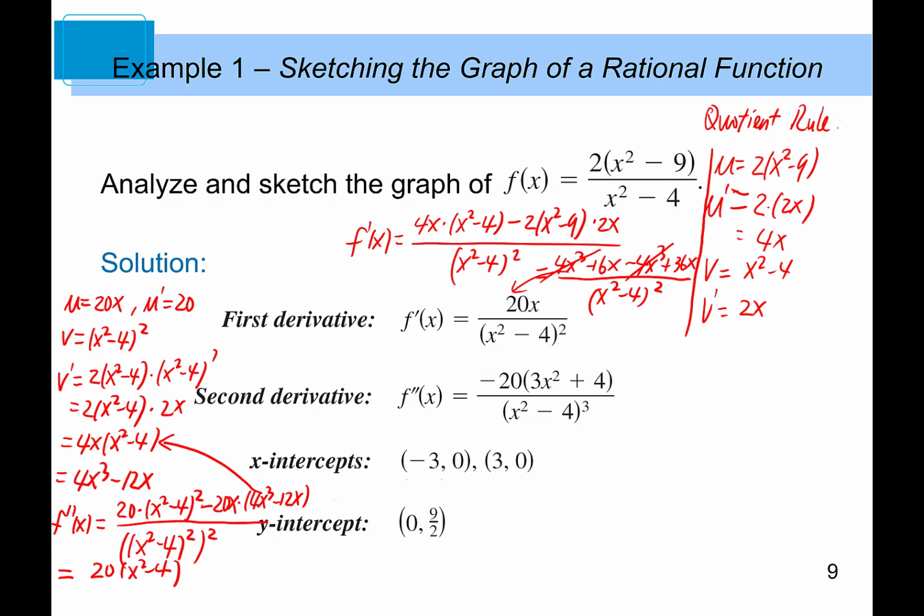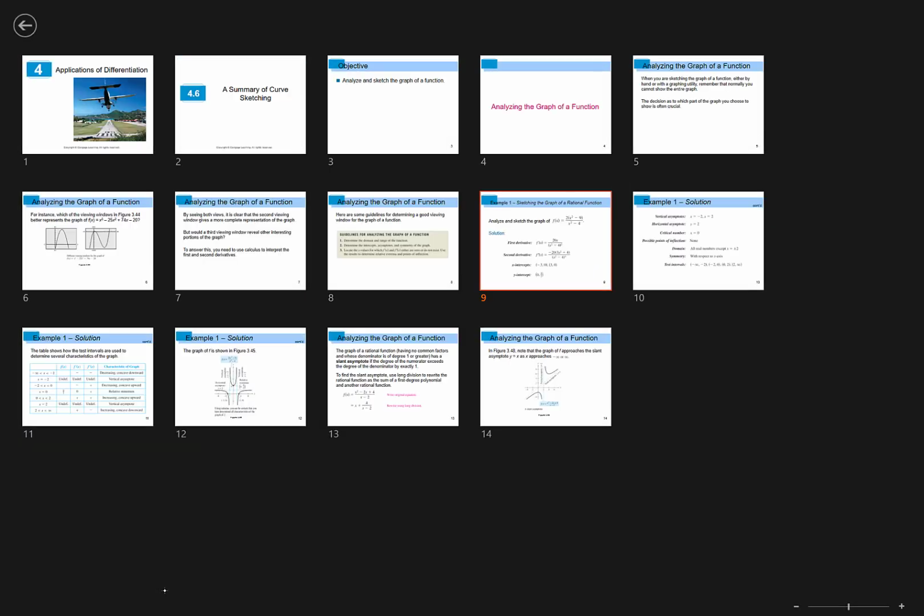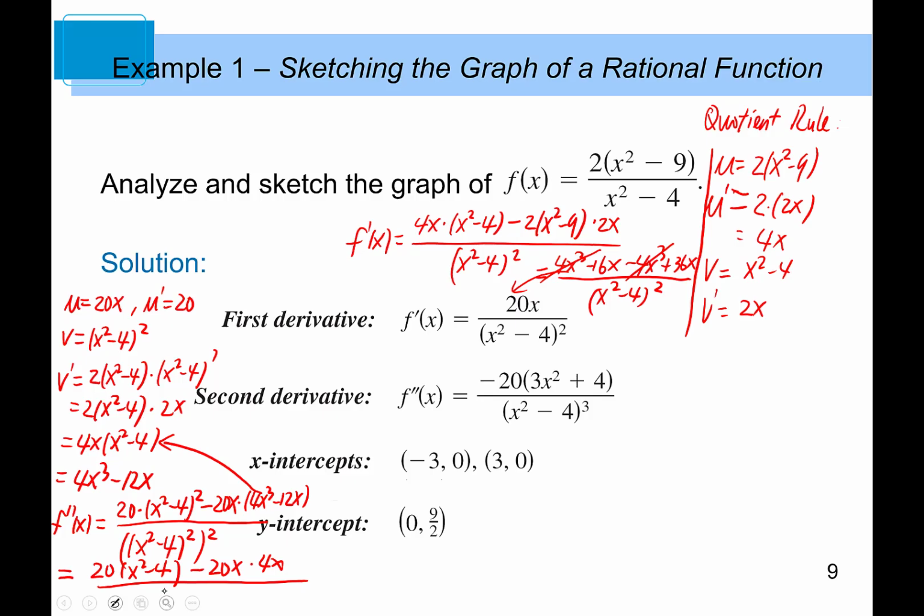That means you can reduce every single term in your numerator and denominator by x squared minus 4. That will give us negative 20x times 4x over (x squared minus 4) to the third.